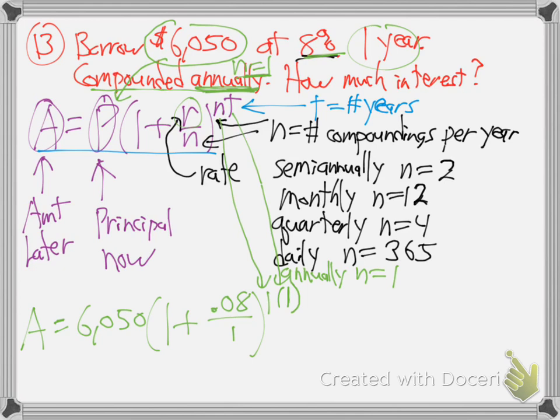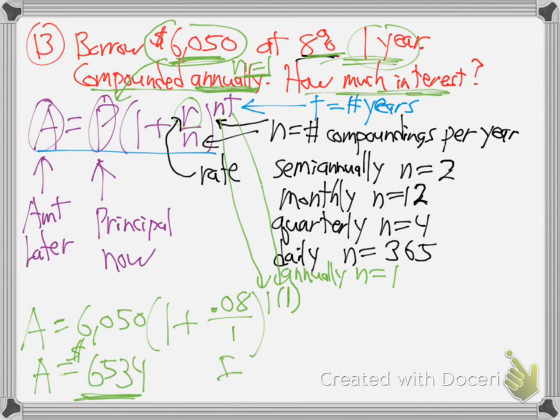And the amount I get from my calculator is 6534. So what does that mean? The person borrowed $6,050 at 8% for 1 year, and at the end of the year, he owes them $6,534. So what's their question? How much interest?